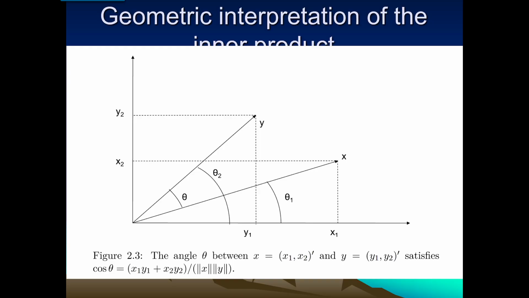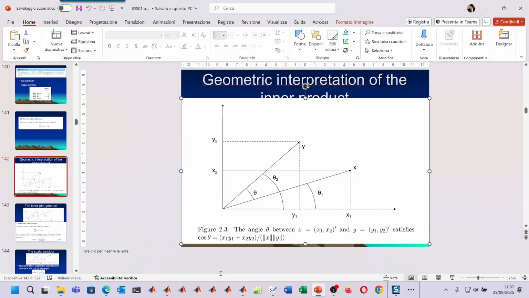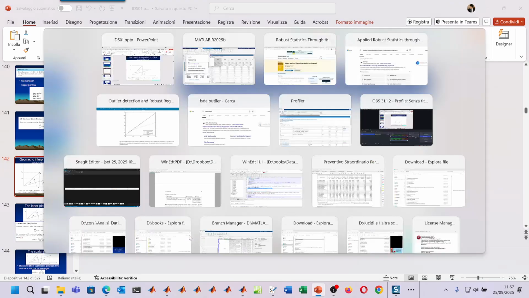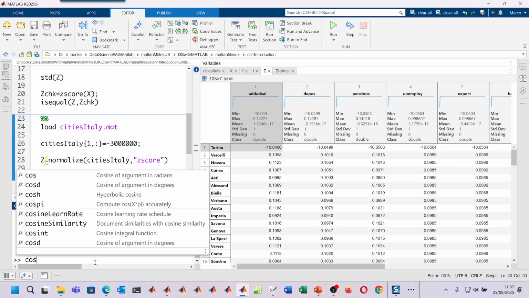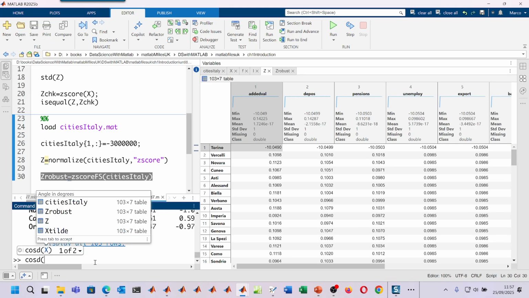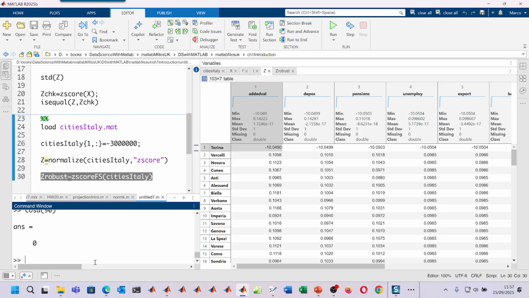What is the cosine of 90 degrees? No, it's 0. Anyway, you check it: cos in degrees of 90, and this is 0.